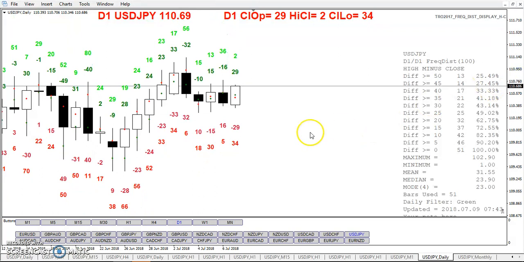And just to show you right now, the frequency distribution of high minus close. Now you can see here we're just 2 pips off the high. So we got a 90% historical chance over the last 100 days. At the end of the day, this number will be bigger than 5, bigger than 10, 82%, bigger than 15, 72, bigger than 20, 62.